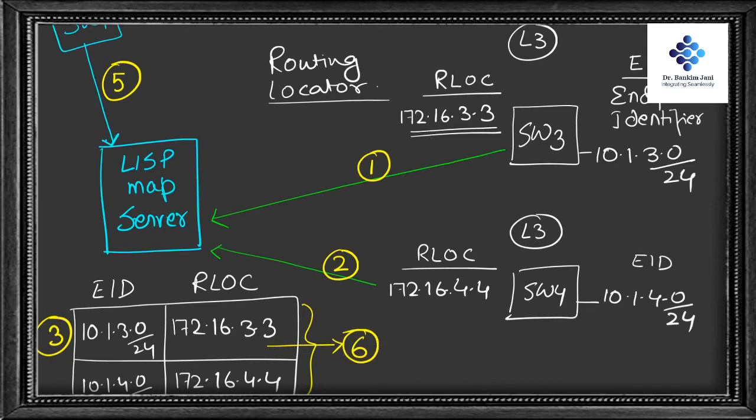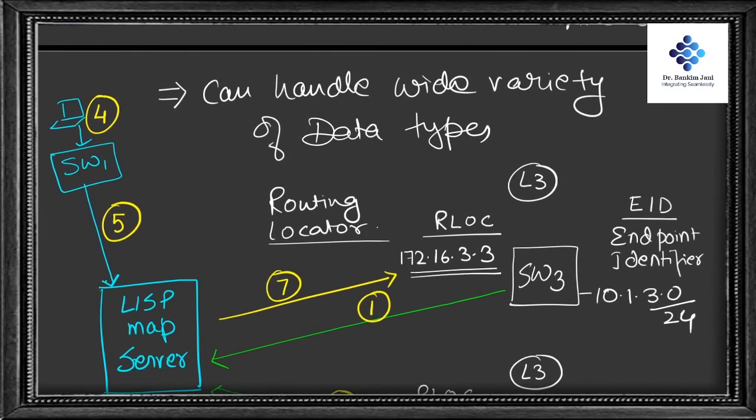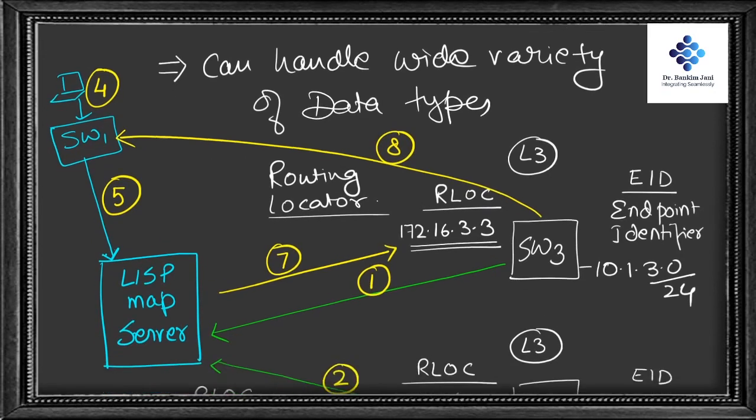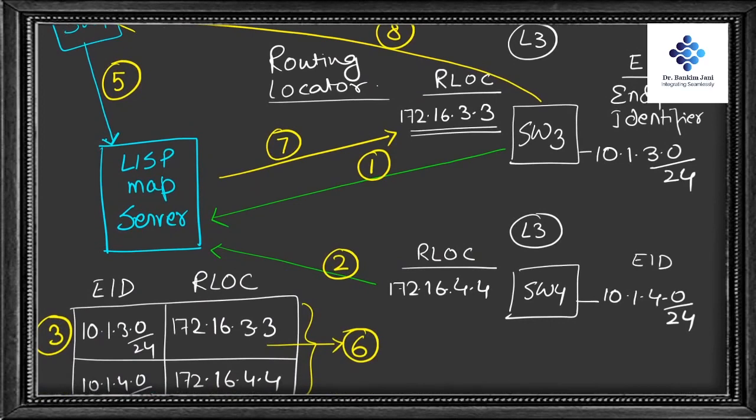Then it would approach switch 3, so this is step 7. Then switch 3 would say, okay, don't worry, switch 1 wants that information, I am sending it, and it would be sent, and this is step 8. So that's how this entire game works, right?